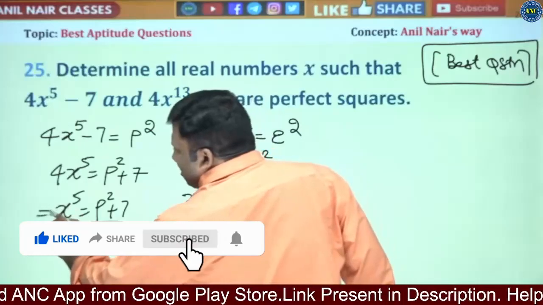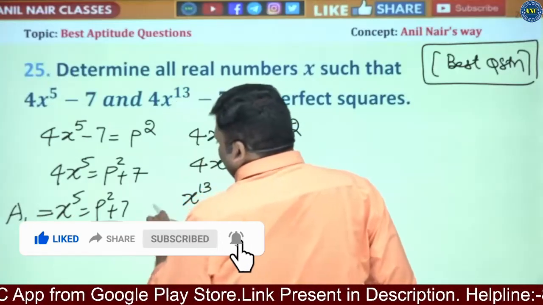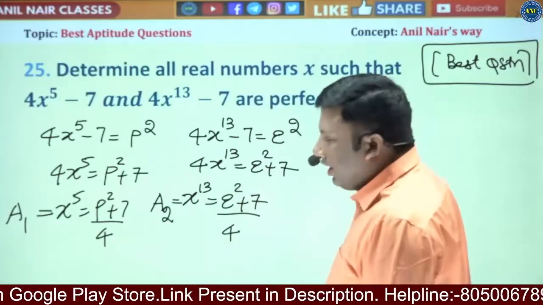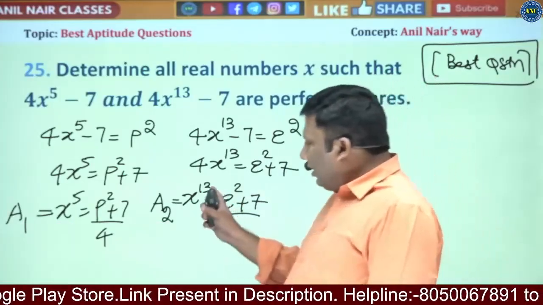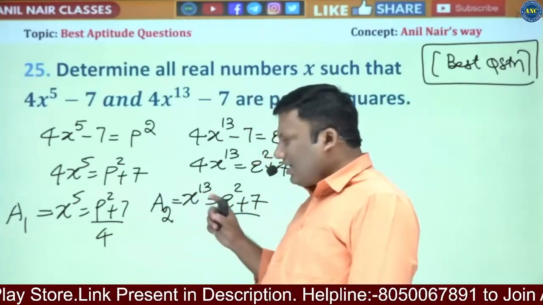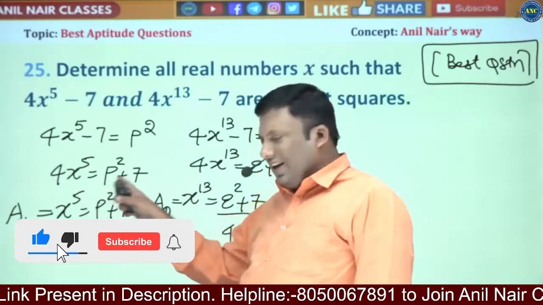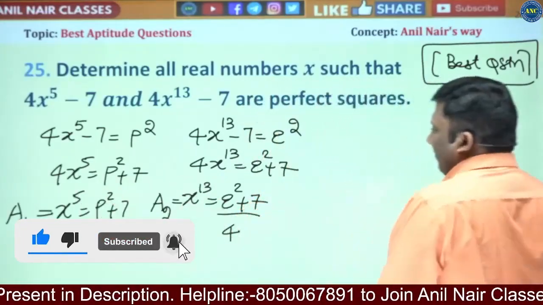Let me call this value a1, and let me call that value a2. This is x^5 and this is x^13. Which powers will come closer? 5 eights are 40, 13 threes are 39.